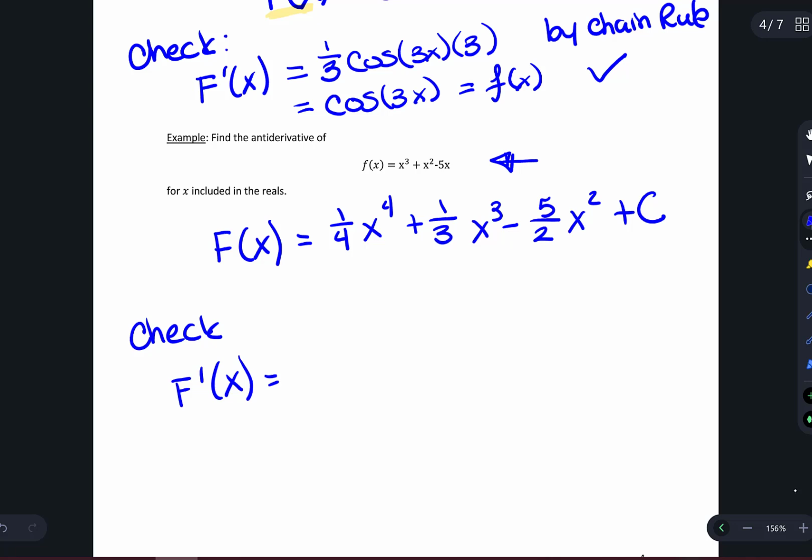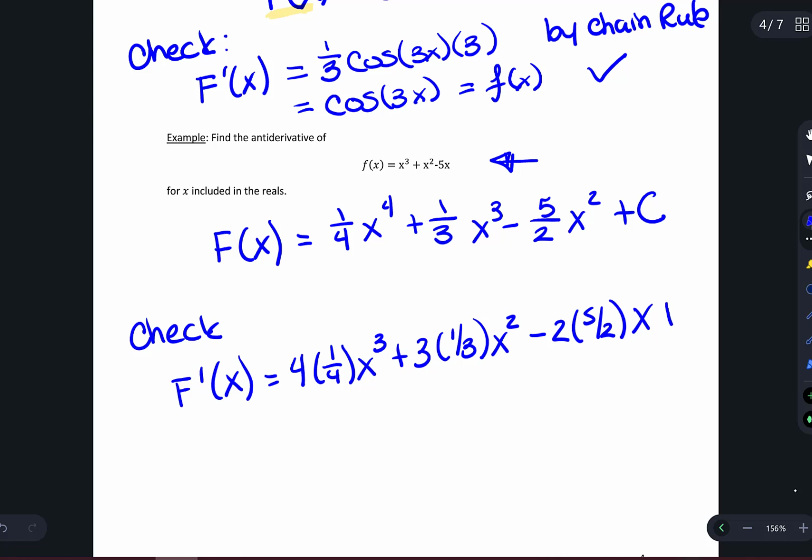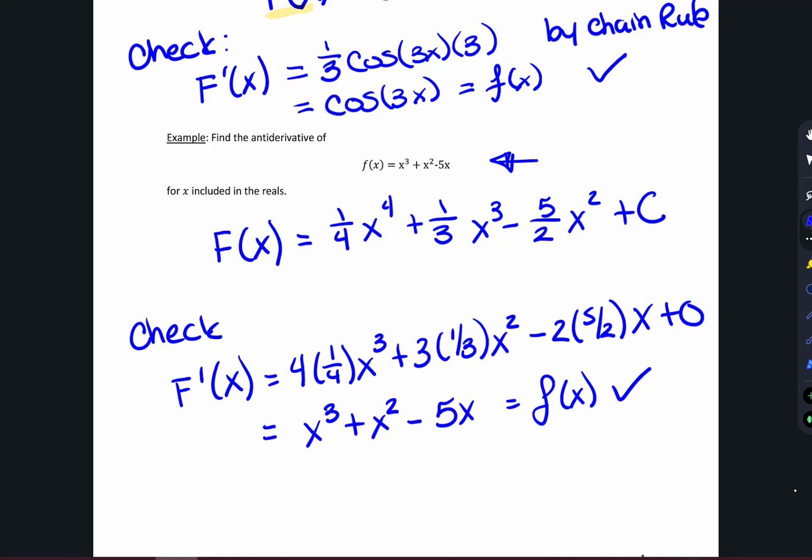And so again, using my power rule, I'm going to have the following. And notice that is equal to our original function, so that does check out and our antiderivative looks good.